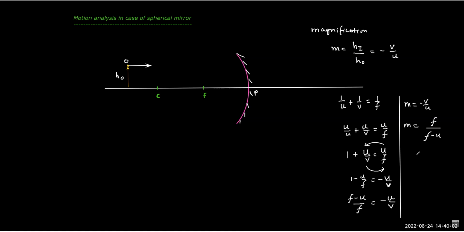And this is interesting. This is interesting because it is like minus f by x1. If you remember, x1 was the object distance from the focus. So if you subtract u from f, what you get is the distance of the object from the focus, and that's why this formula is very interesting, because the magnification only depends on how far the object is from the focus.